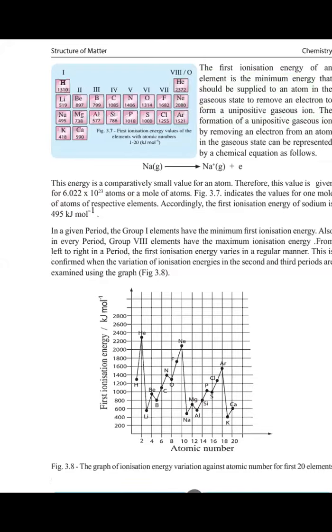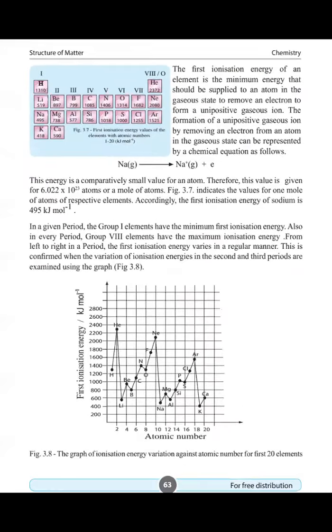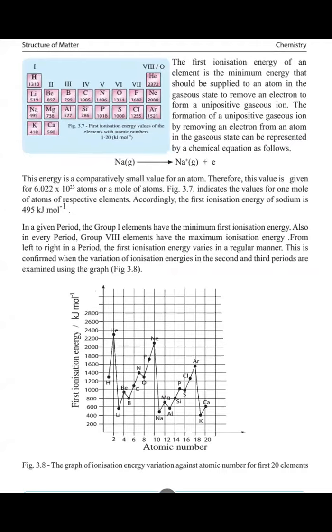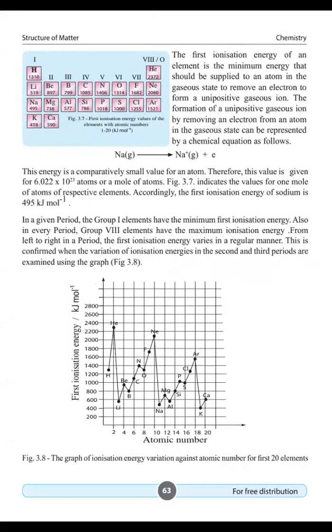So if you consider that number of atoms, the first ionization energy can be defined for 1 mole of atoms. So the first ionization energy for 1 mole of sodium can be defined.